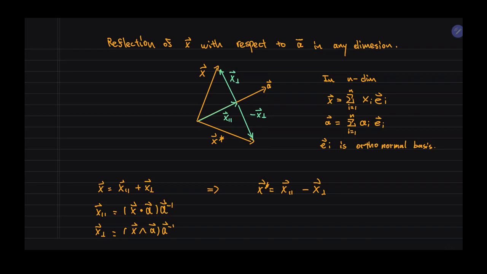And in this video, we want to calculate the vector x star such that it has the same x parallel component, but minus the x perpendicular component. So it should be very easy by just putting a minus sign, since from the last video we already know how to calculate x parallel and x perpendicular.